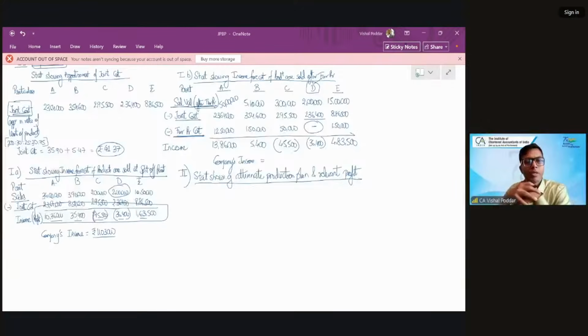Somebody is giving 1772 500. Somebody is giving 1773. Okay, Shamli is also saying 1773.